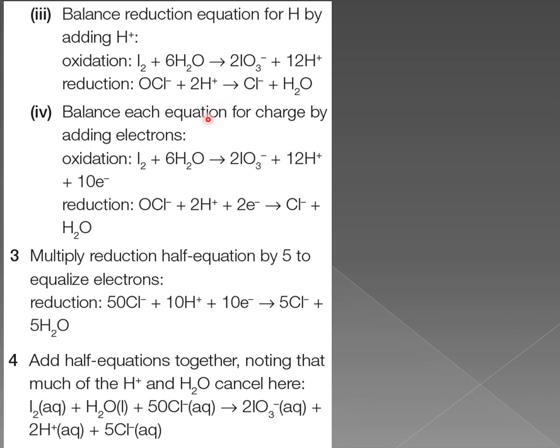The number of electrons here is 10 electrons in the oxidation, while in the reduction equation the number of electrons is only 2, so we have to multiply the reduction equation times 5 and then combine the two equations. And if we have H plus in the reactant and H plus in the product, they need to be cancelled with each other. Same for water molecules.